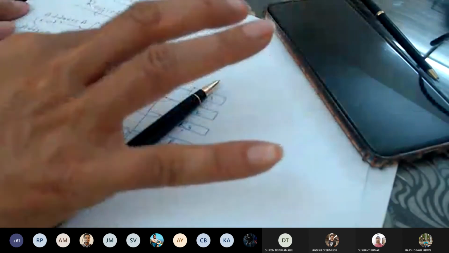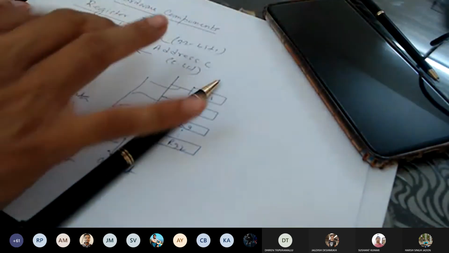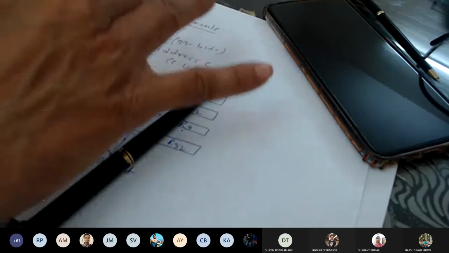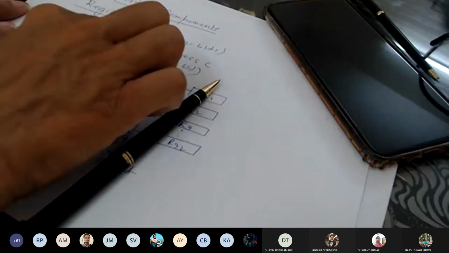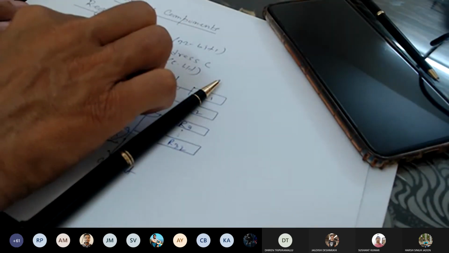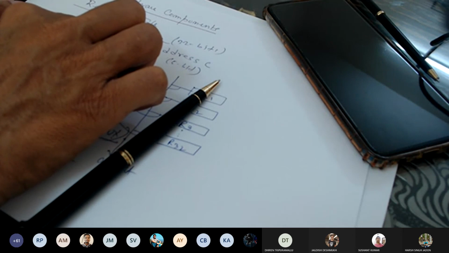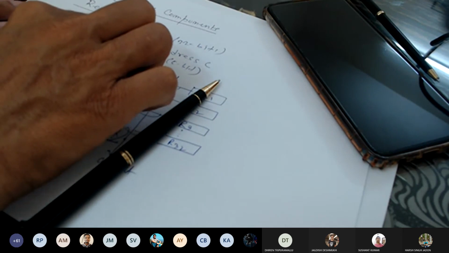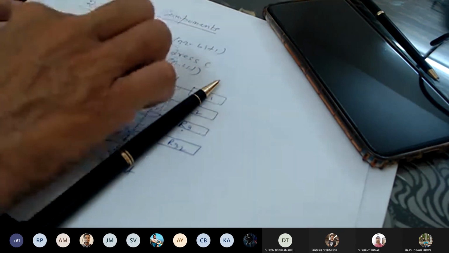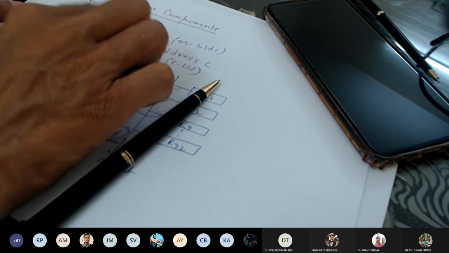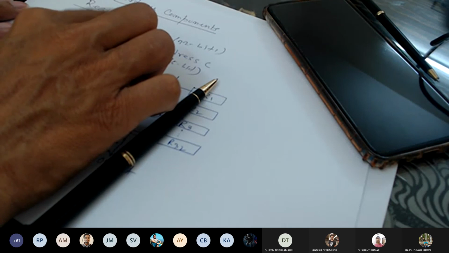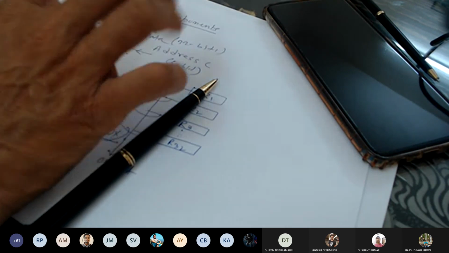So address C is the address where you will store, and data comes either from the arithmetic logic unit or from the memory, which we have already looked into earlier. It comes from the memory when the operation is load. It comes from the arithmetic logic unit when the operation is add, sub, multiplication, whatever the arithmetic operation may be. Is that clear?